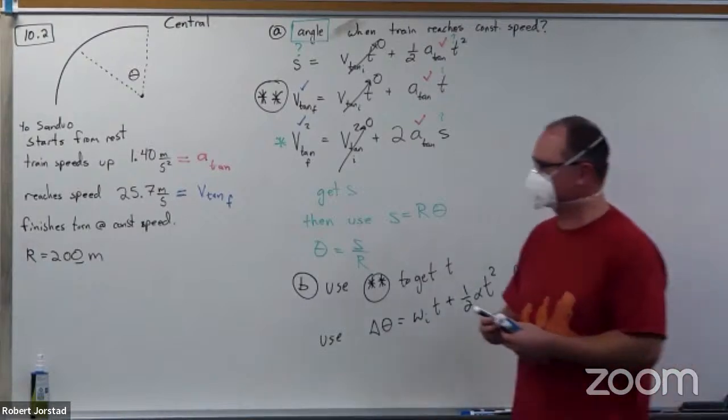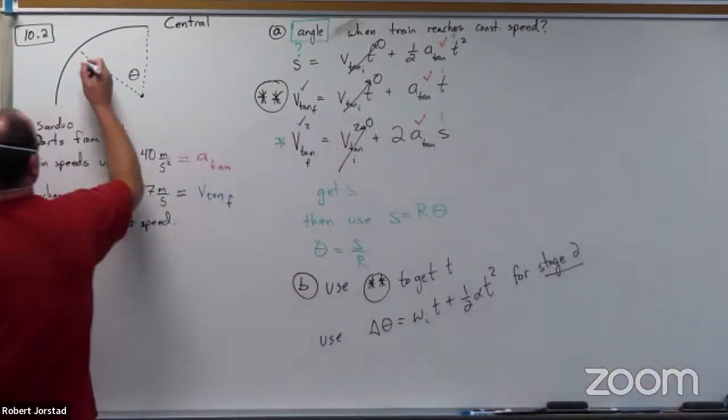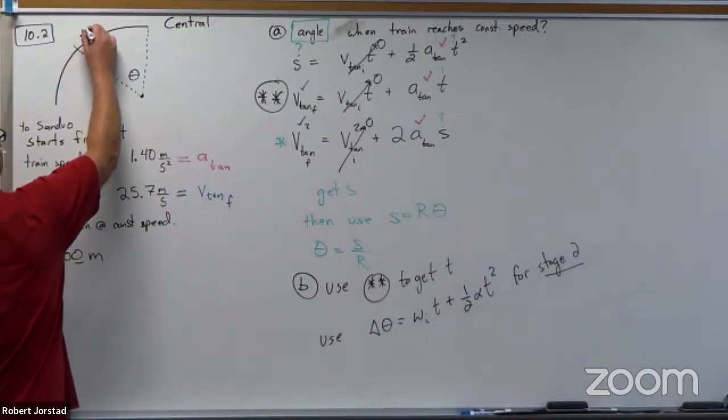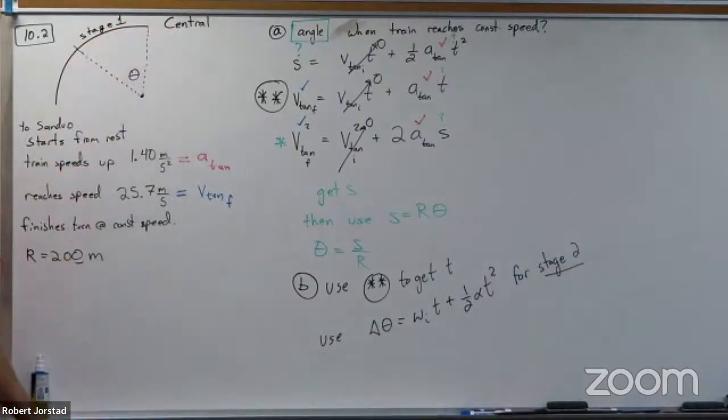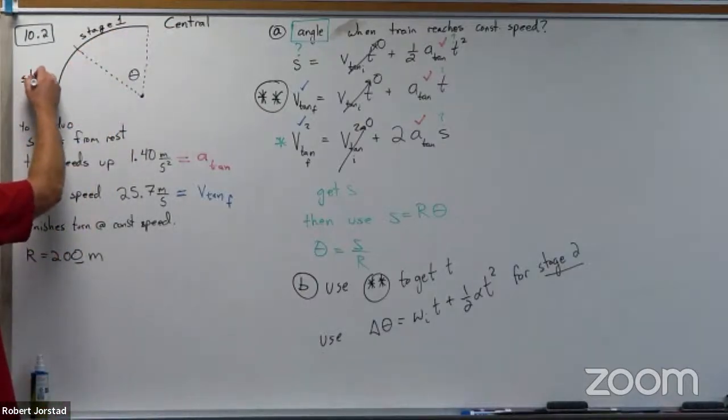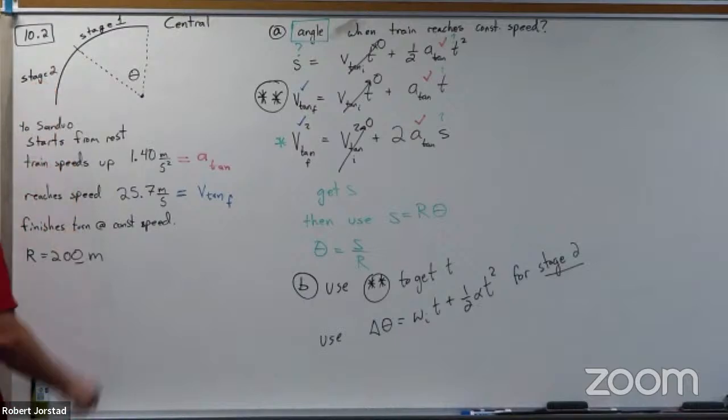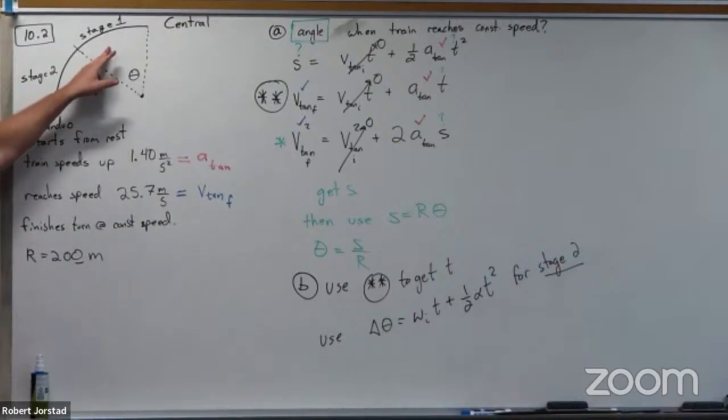And to be clear, this is stage one, the first part of the rotation, and this is the second one, stage two. The idea here is we could say, okay, I can figure out the time for stage one.